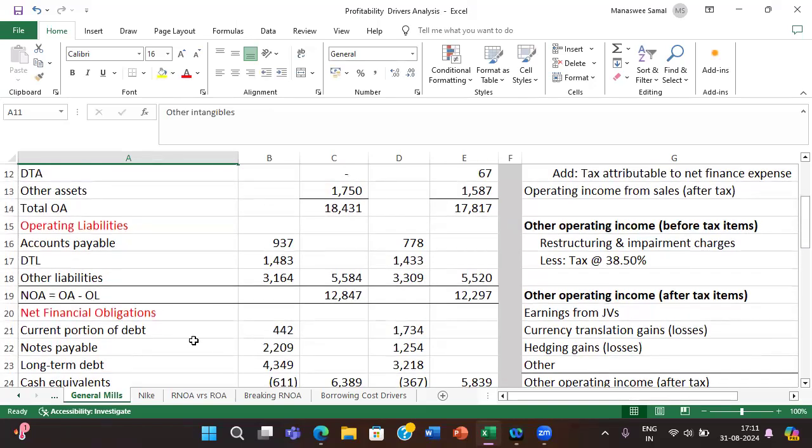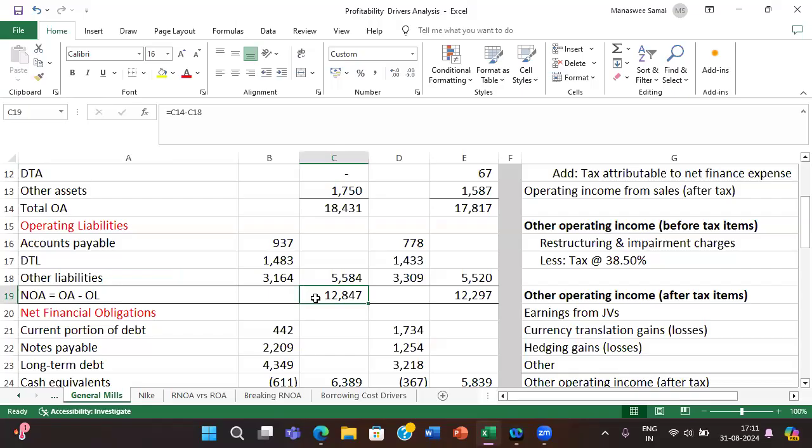Here you can find this company has some sizable DTL number. And then you have other liabilities. Because we don't have the details in this case, we're safely treating that as a part of operating liability. Then you have NOA, that is operating asset minus operating liability, 12847, 12297.